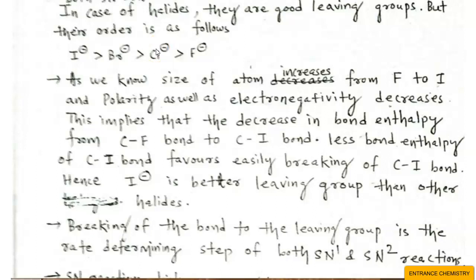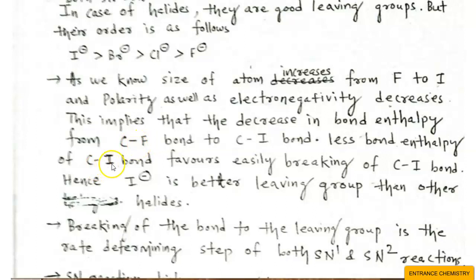What will happen? So, if we compare CF bond enthalpy and CI bond enthalpy, which will have greater bond enthalpy and which will have less? Less bond enthalpy for CI, because I has a large size and F has a small size. Okay, this CF bond is strong, so bond enthalpy will be higher.